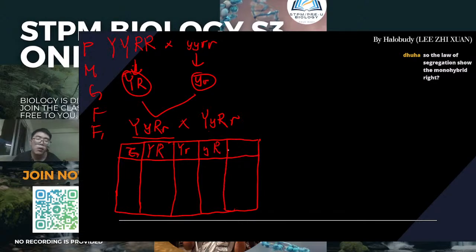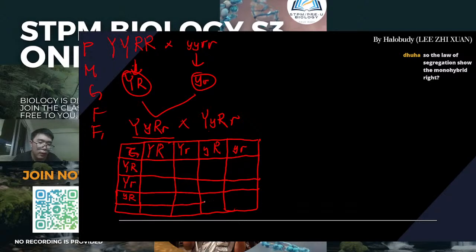So there are four possibilities of gametes for the first parent: YR, Yr, yR and yr. For the other parent it is the same: YR, then capital Y small r, then small y capital R, and then small y small r.